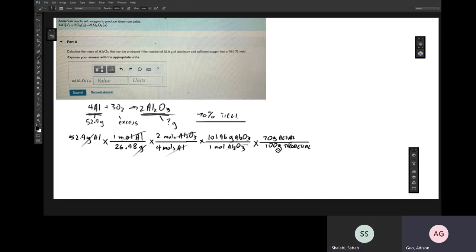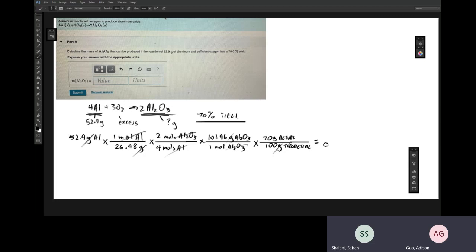And I'm putting theoretical on the bottom because this is calculating mathematically the maximum amount we could create. So this would be the theoretical grams that we could create, which is why I'm putting it over here, so these grams would cancel out. Oh, okay, I see.